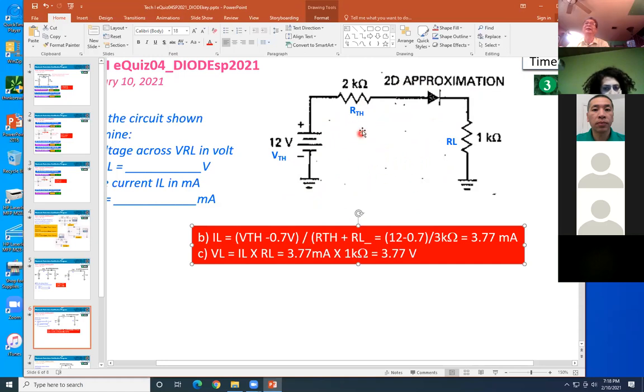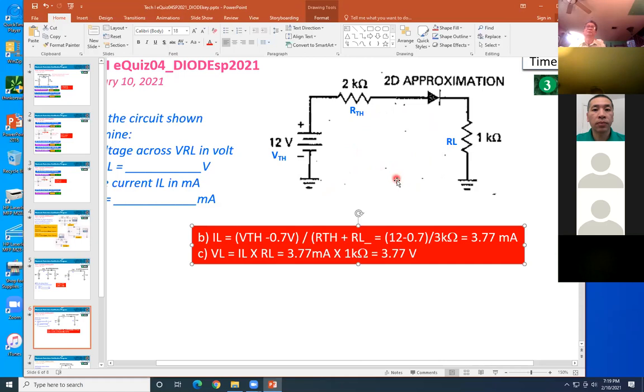That means the voltage for the circuitry here, right? But that's the Thevenin voltage. Then you divide by total resistance. You got the VTH, which is the Thevenin voltage, minus the 0.7, and then you divide by the RTH plus the load, because by Ohm's law, I is equal to V over R. So that's how you get the current there.